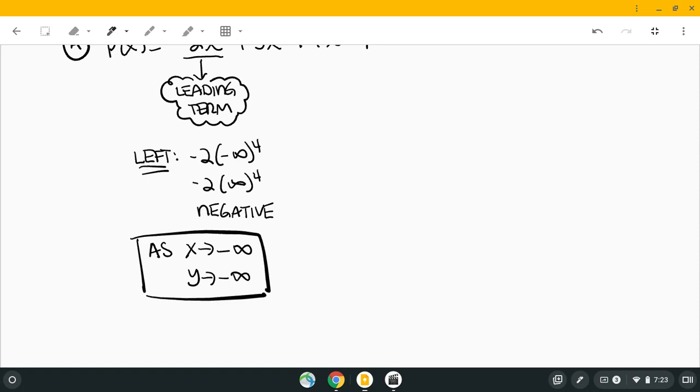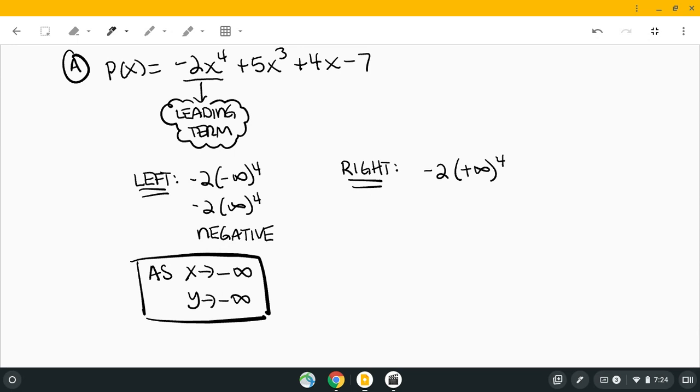Let's go ahead and do the right-hand behavior. The right-hand behavior: x goes towards positive infinity. So I'm going to plug in positive infinity into the leading term. Again, the leading term is negative 2x to the fourth, so I'm only using the leading term. Because when you do infinity to the fourth power, that's going to overtake whatever sort of result you get over here.